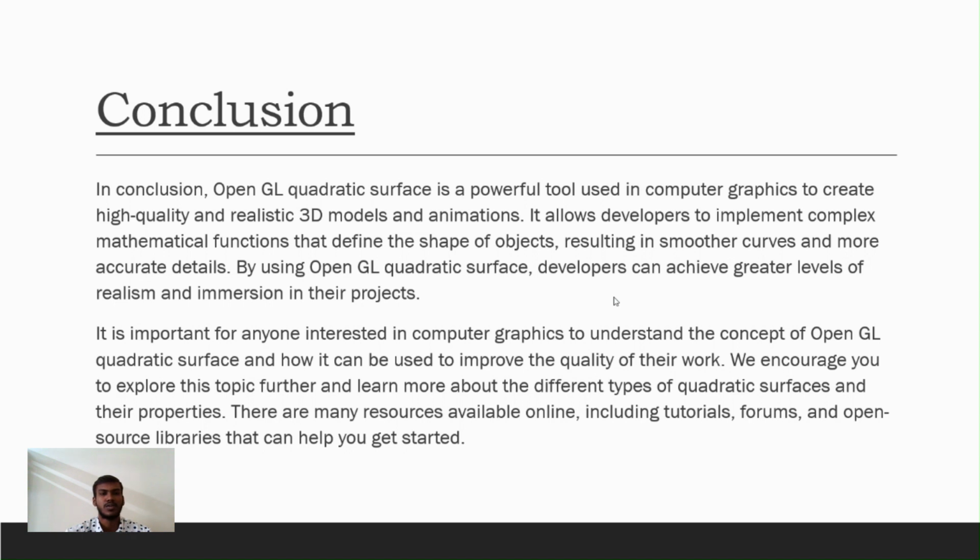By using OpenGL quadratic surface, developers can achieve greater levels of realism and immersion in their projects. It is important for anyone interested in computer graphics to understand the concept of OpenGL quadratic surface and how it can be used to improve the quality of their work.